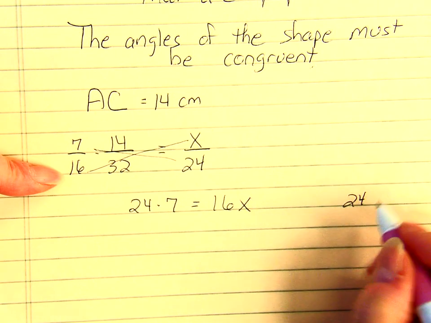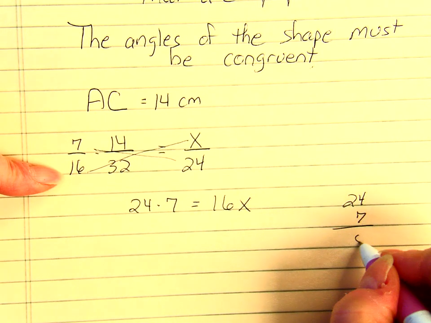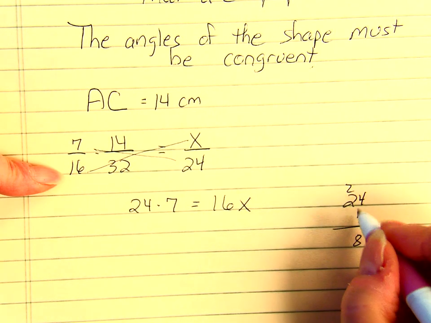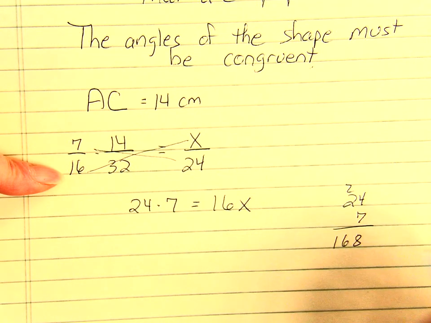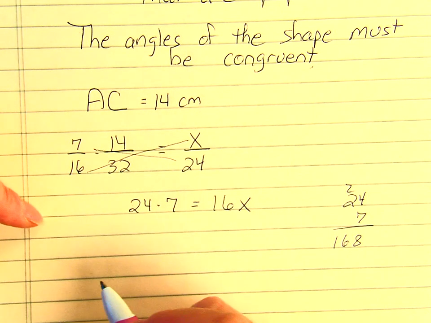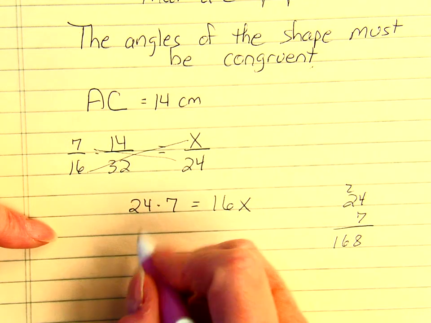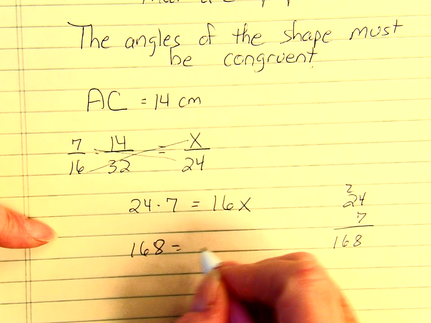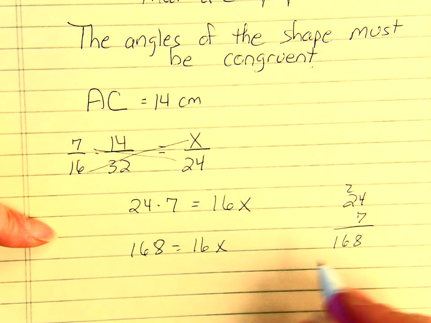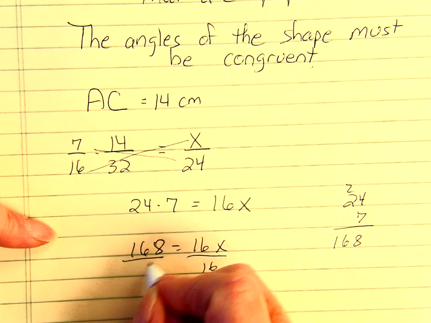Doing my side multiplication, keeping my work together, that's 168. And so I have 168 equal to 16x, dividing both sides by 16.